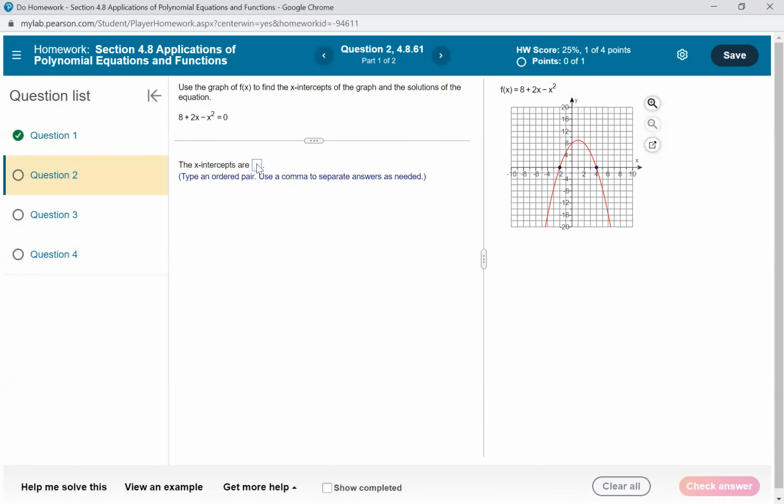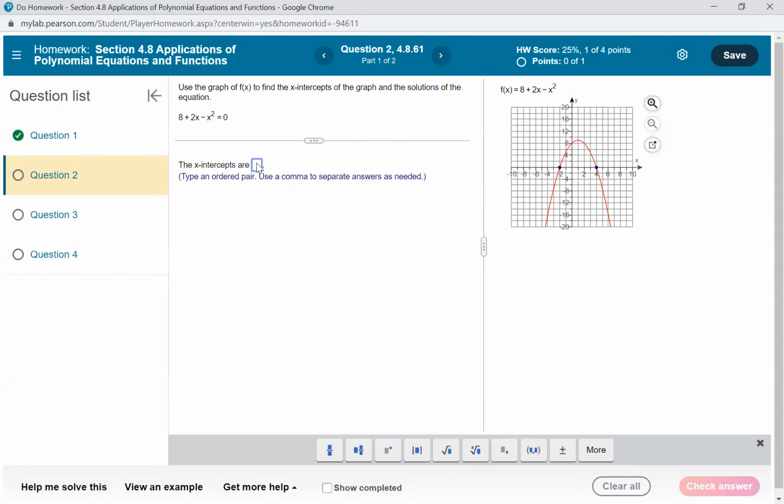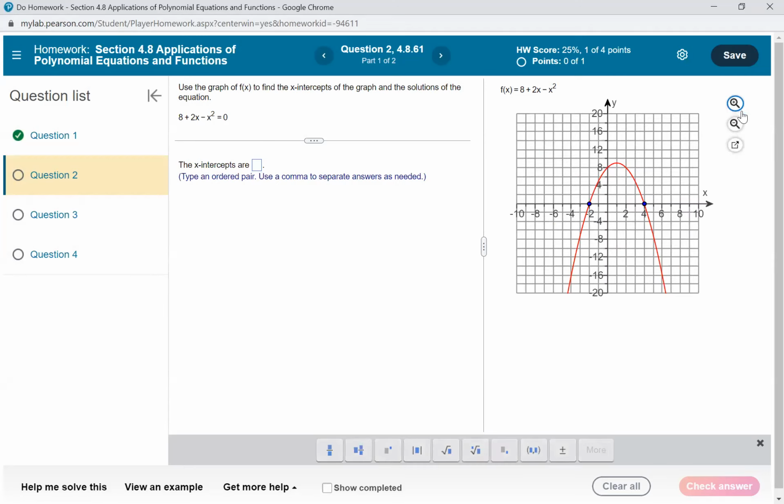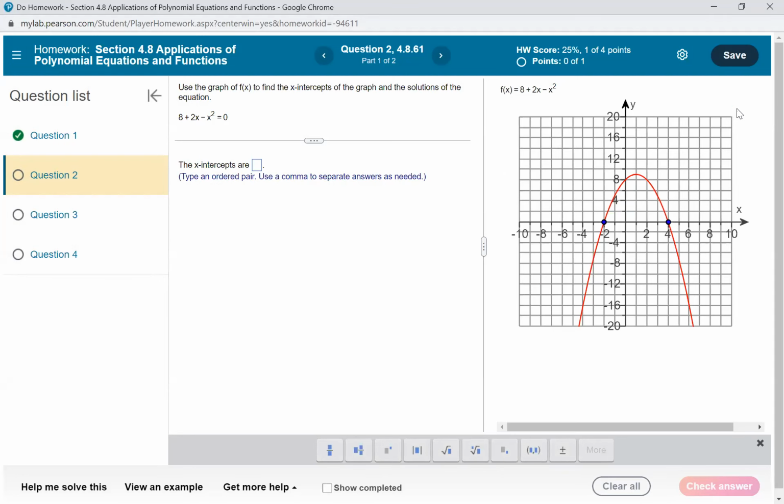All right, so this is on y'all. What are my x-intercepts? And I'll make this bigger. So y'all, any guesses on the x-intercept on the left? -2. So let's see. So first one was what? -2, 0. And then 4, 0.